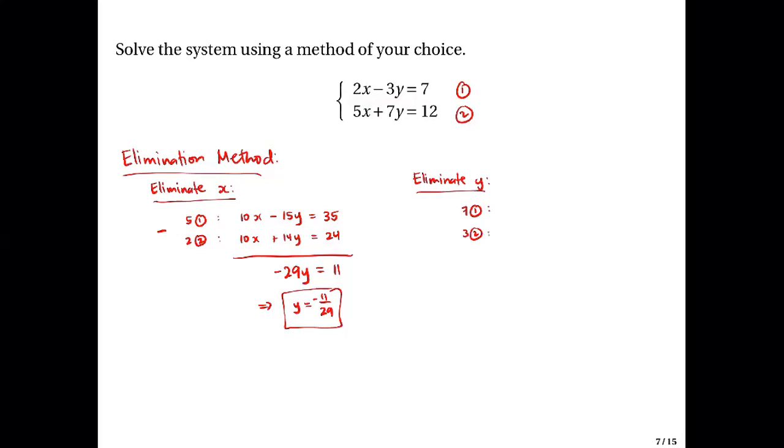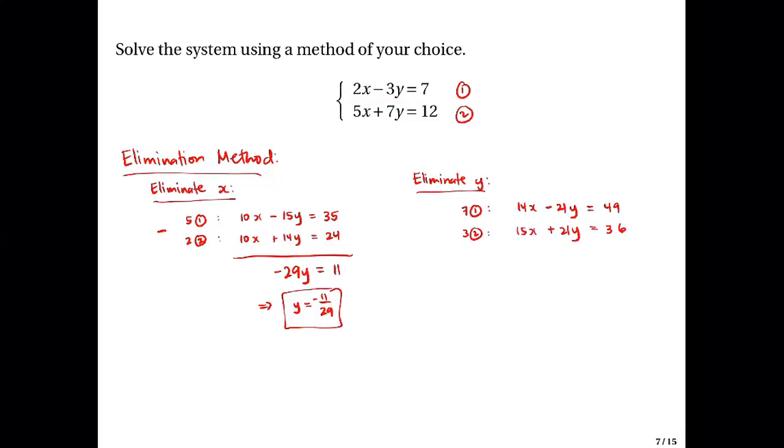So for the first equation, it becomes 14x - 21y equal to 49. And then for the second equation, we will have 15x + 21y equals 36.